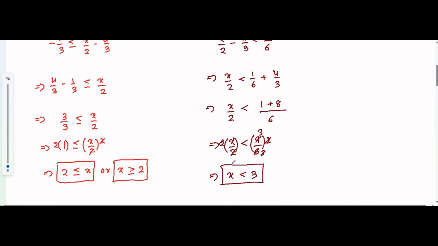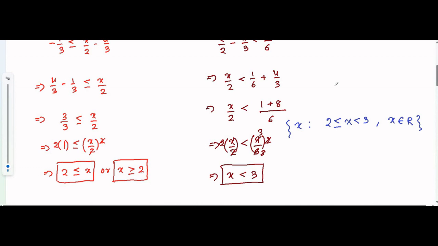So we have the solution, we can write it as 2 less than or equal to x, the first part of the solution, and x is less than 3, with x belonging to the set of real numbers. Okay, this is the solution set.